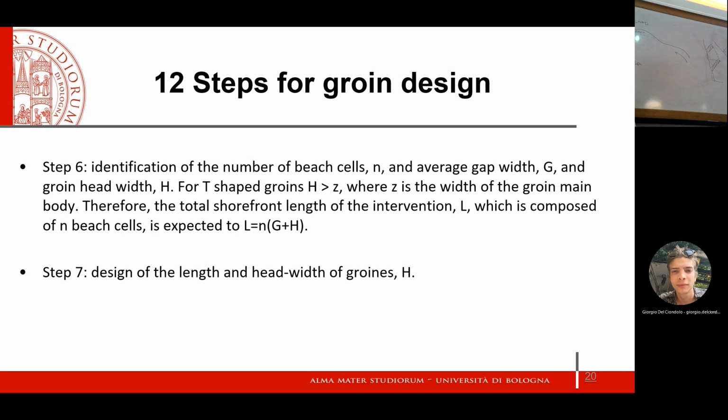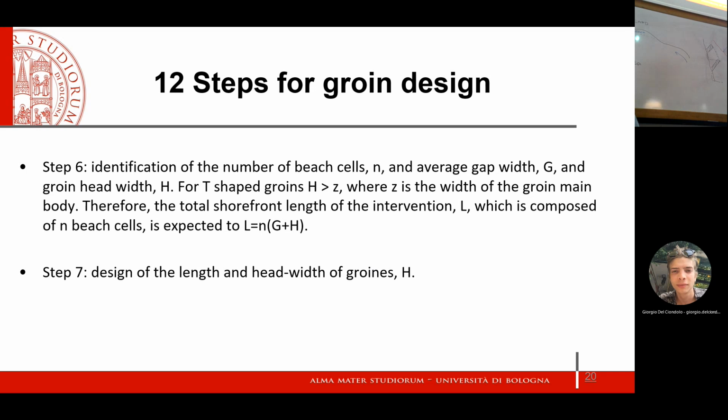Now, we have to design the length and the head width of groins. So the length of the groin, long or short, whatever, and then we have to design H. Okay.